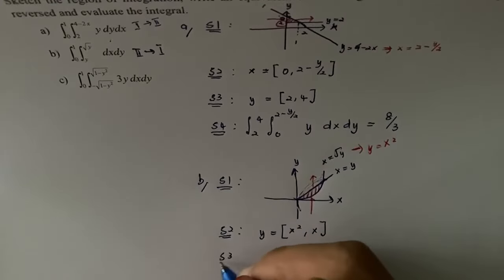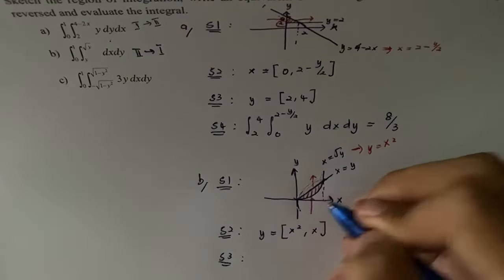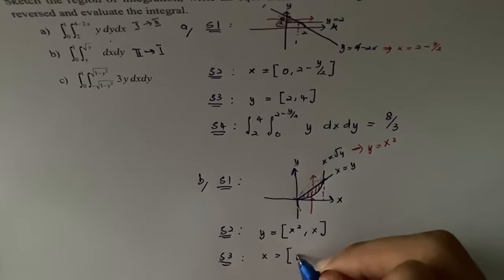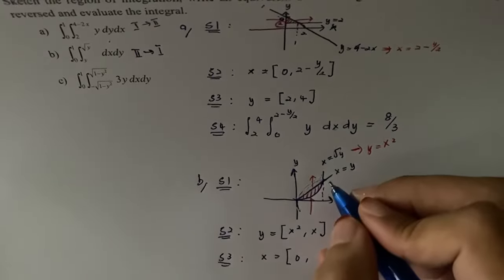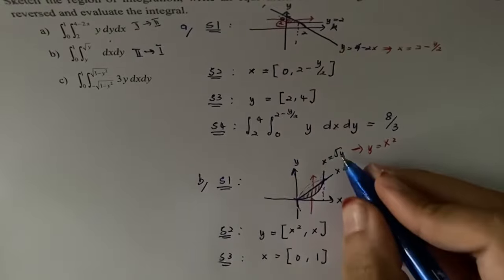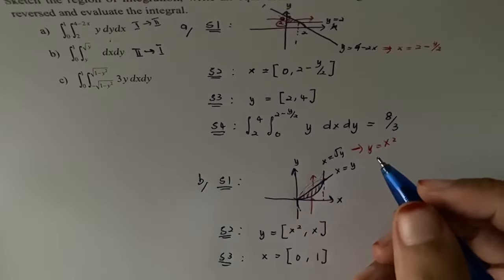And the third step, the x limit. Find what this value for x is. The lower limit of x is obviously 0, and the upper limit for x is equal to 1. When you solve this simultaneously, square root y equal to y, you get 1.